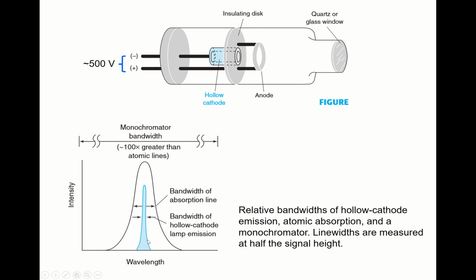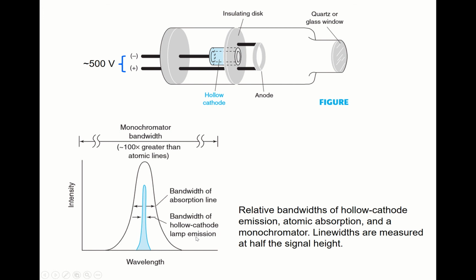This is what I explained, and this is the bandwidth of a hollow cathode emission. This one is much narrower than this absorption band. So the radiation from this hollow cathode lamp is absorbed by the atoms of the same element.